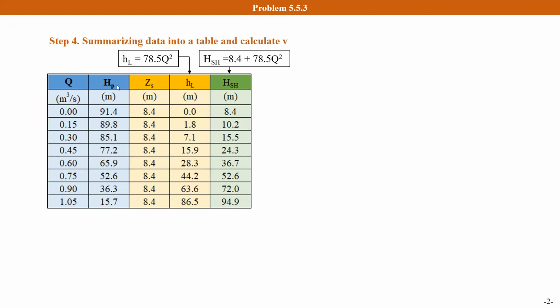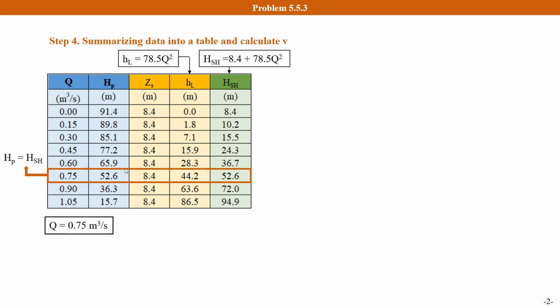The flow rate and the designed pump head are the given information. In the first step, we calculate the water rise. In the second step, we calculate the head loss. In the third step, we calculate the system head.